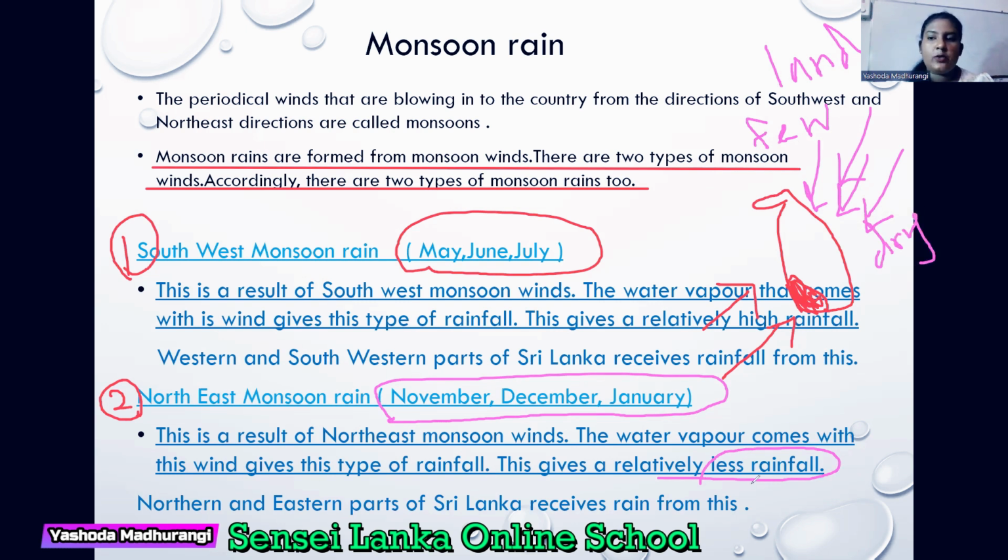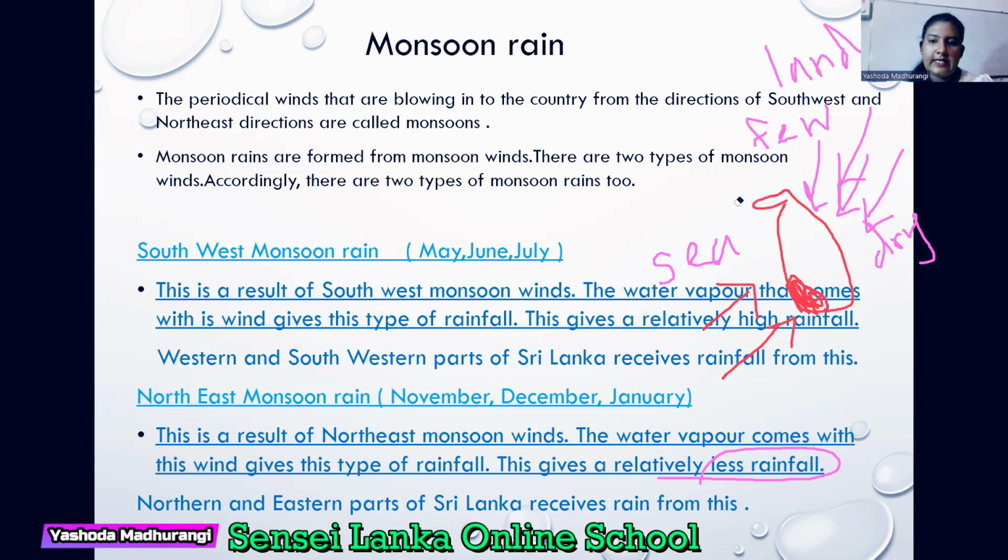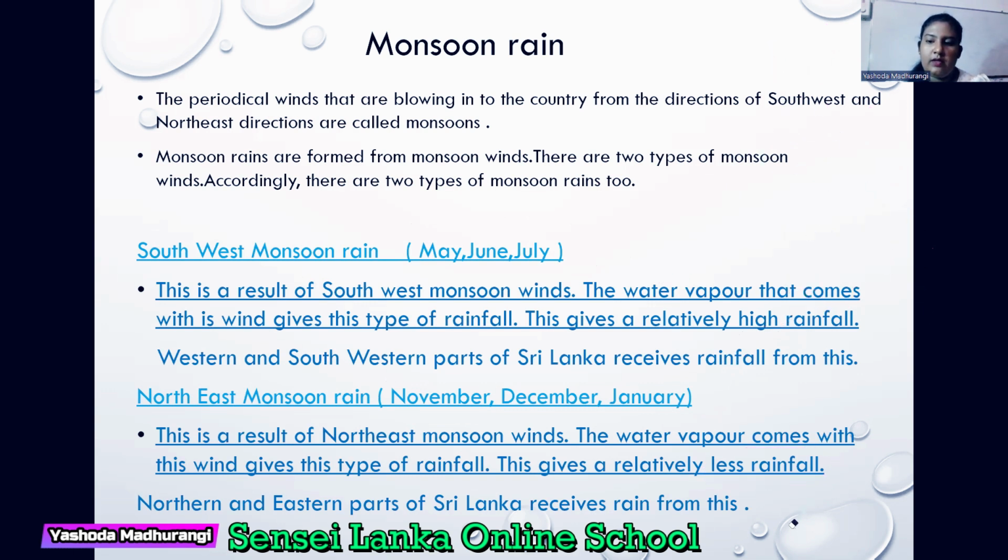That is why it gives less rainfall. But southwest, it is coming from the sea area. It has a lot of water vapor. It gives heavy rainfall. Remember these things. That is about two types of monsoon rainfall. And how do they come?